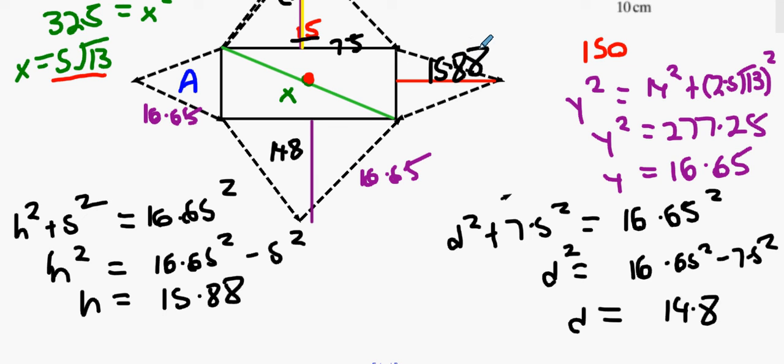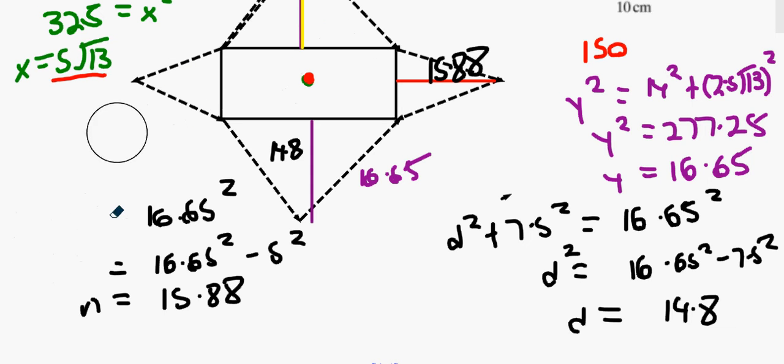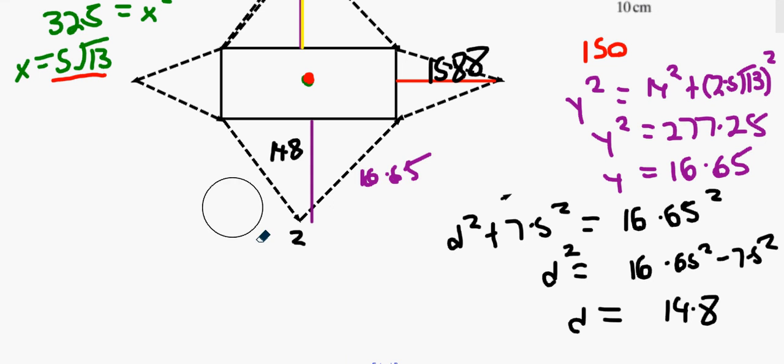Okay. Now, here's what we're going to do next, lads. Going to rub out a bit of this. You rub out pretty much everything we don't need. Now, we know that's a base of 15, don't we? And we know this is a base of 10.